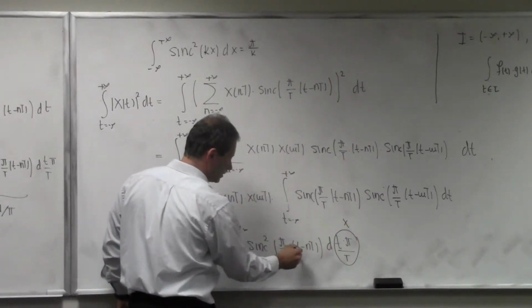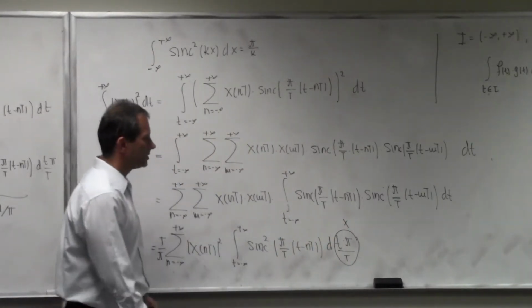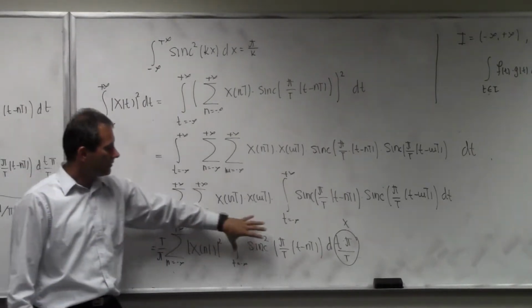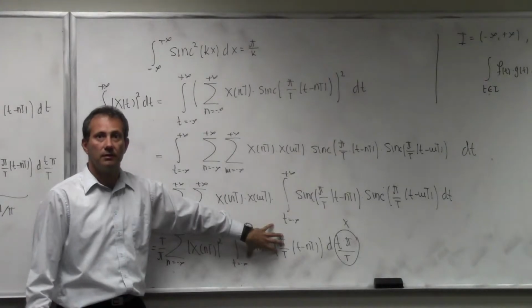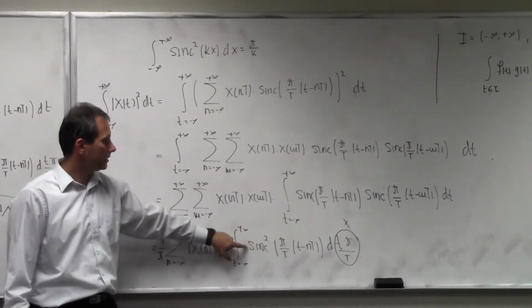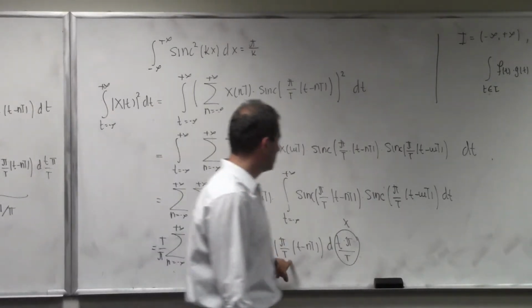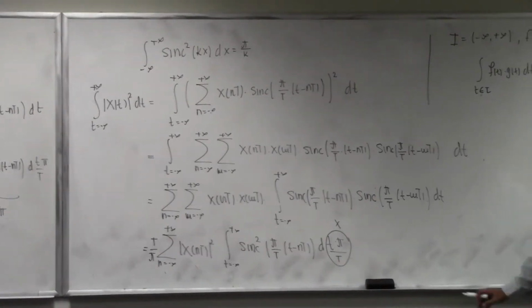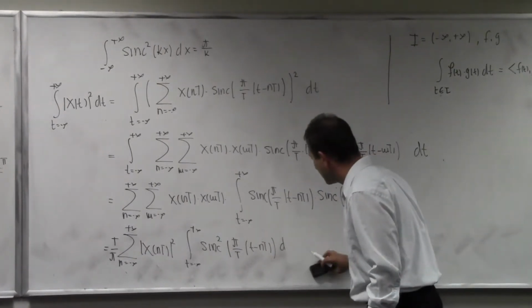And this is also x minus something, right? So what is the value of this integral? Just pi. Just pi, right? Sinc squared of this integral here. Yeah. Because I can write it like this.